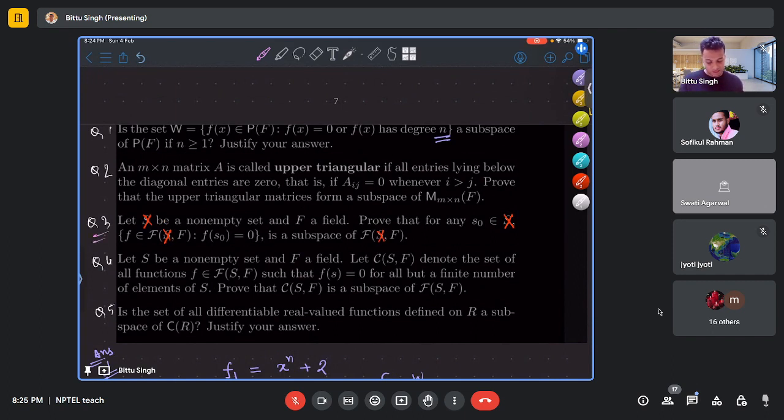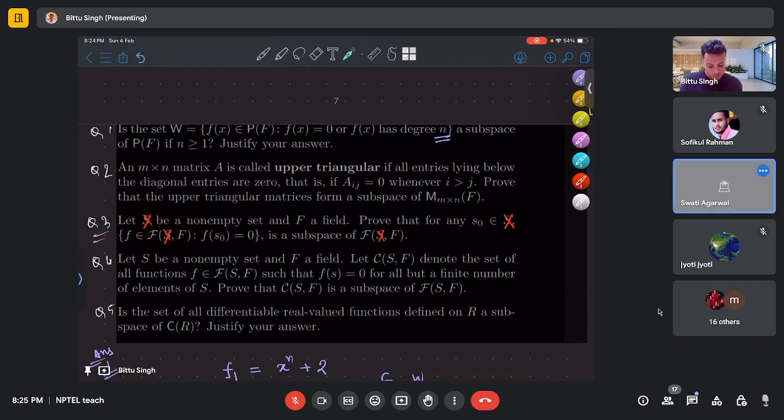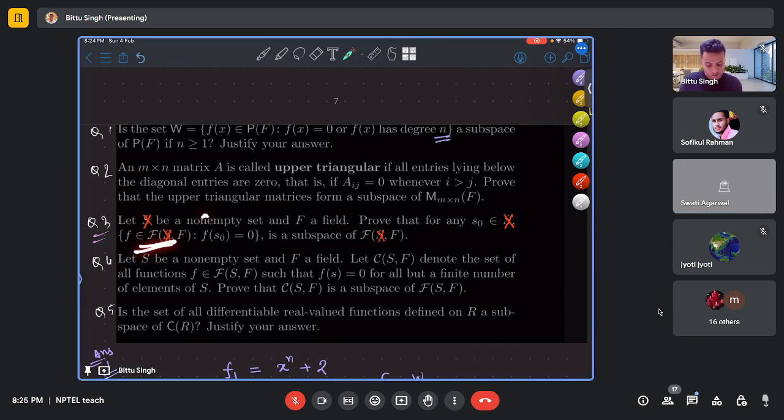Instead of real, there is X, and the field is any field, but the same thing will work. Take f and g from this function space and add f plus g, evaluate at s0. This will be the same as f at s0 plus g at s0. But by definition, this will be 0.